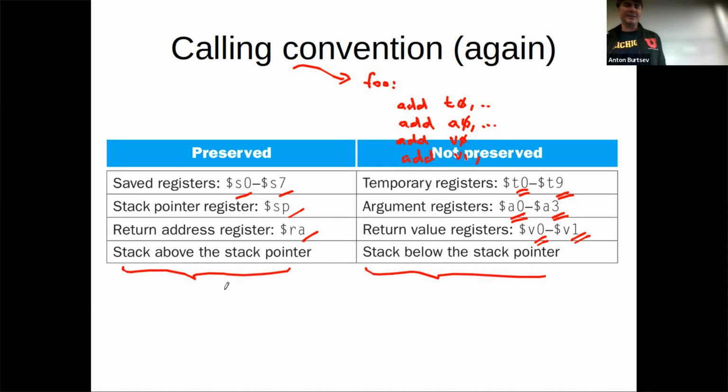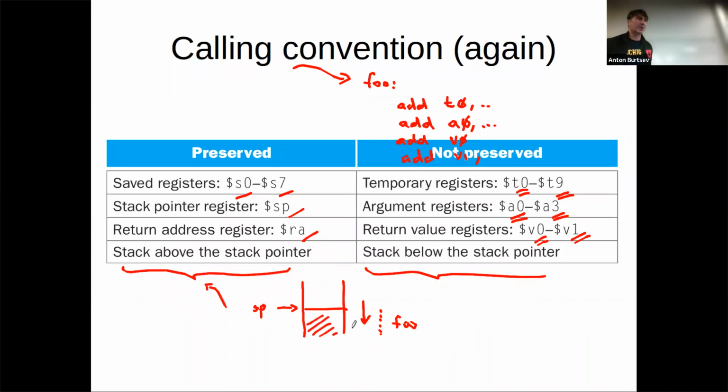Supposedly you're not supposed to touch the memory like this: if this is the stack and it grows down, and this is the value of the stack pointer before foo was invoked, then when foo started running, the stack started growing downwards, and foo operates on this area of the stack.